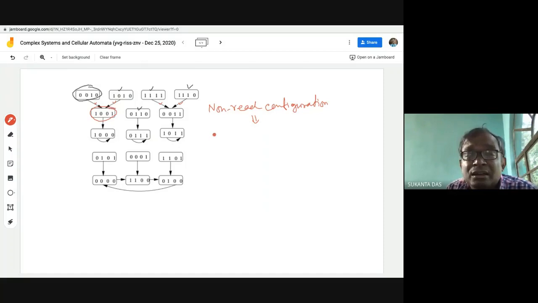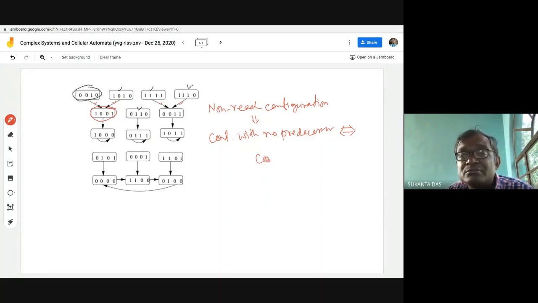It means a configuration with no predecessor. This implies, in the case of finite CA, and this is a both-way implication, that there is some configuration with more than one predecessor.